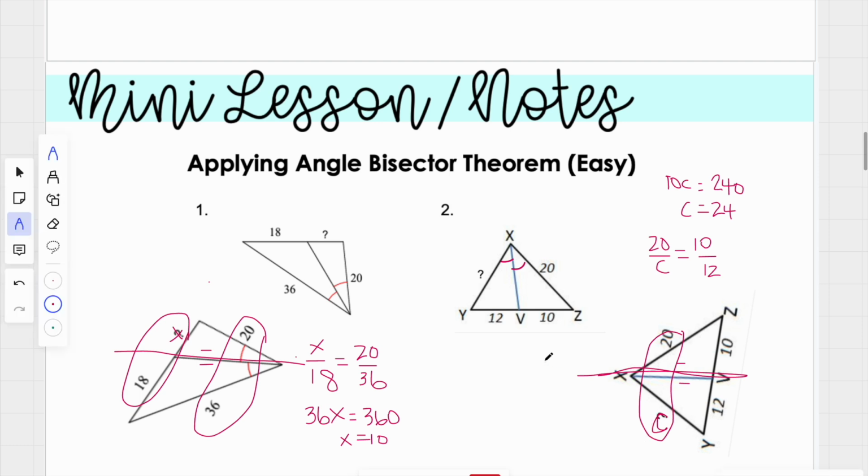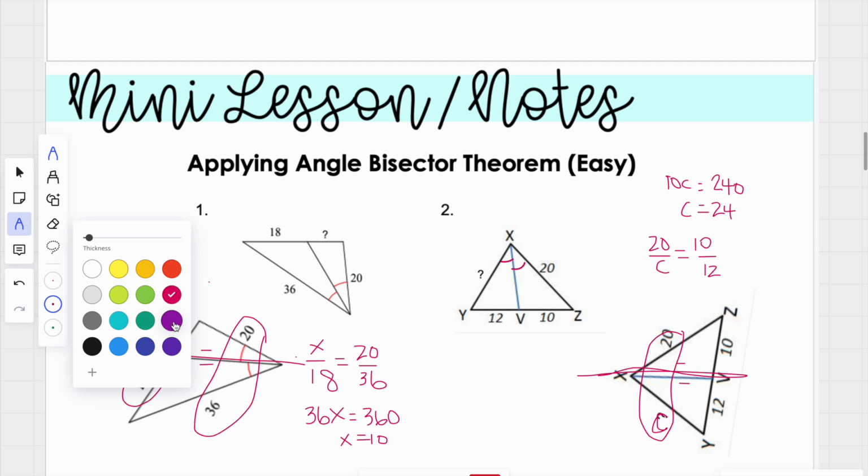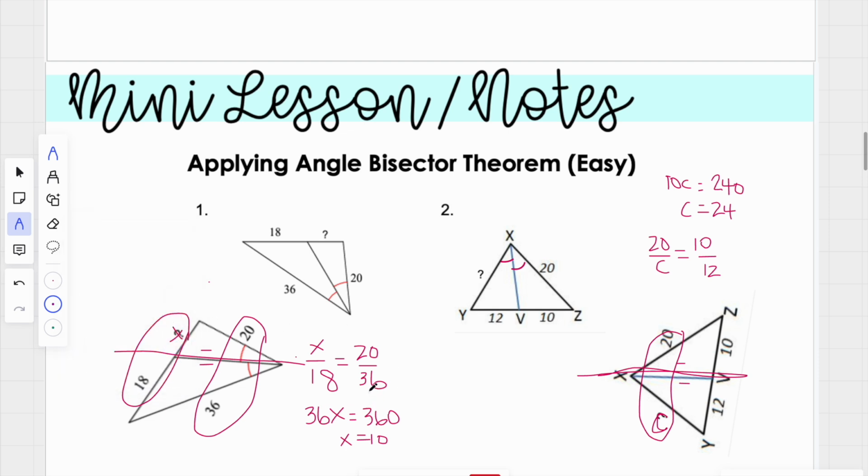Another thing to think about is when you're setting up proportions like this, and I've talked to you about this before, I think, sometimes you see a relationship here, like 36 times what gives me 18, or 36 divided by what gives me 18. If you notice that, it's going to apply here as well.